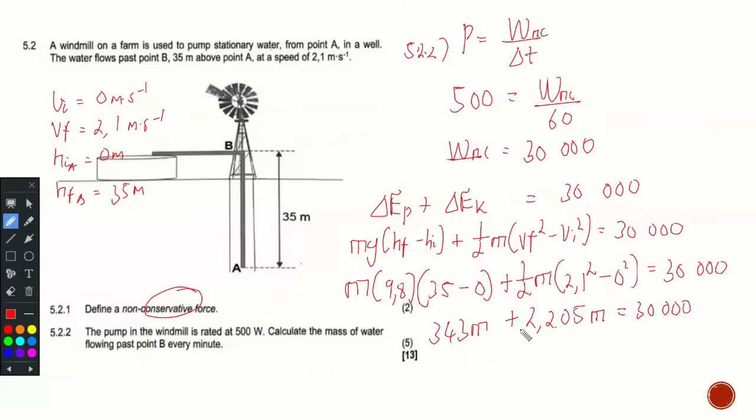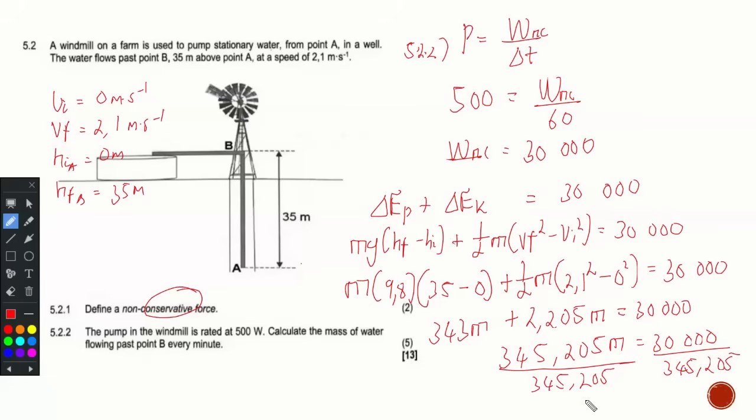Now we can add this. So 2.205 plus 343 is going to give us 345.205 m is equal to 30,000. Now we can divide both sides by 345.205. And then our mass will be what?